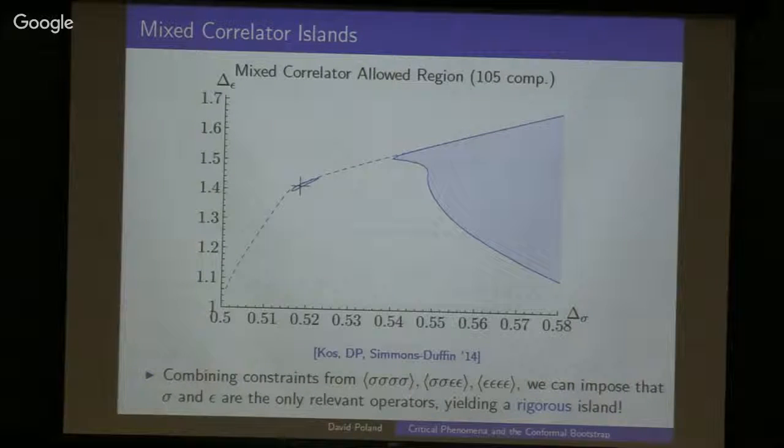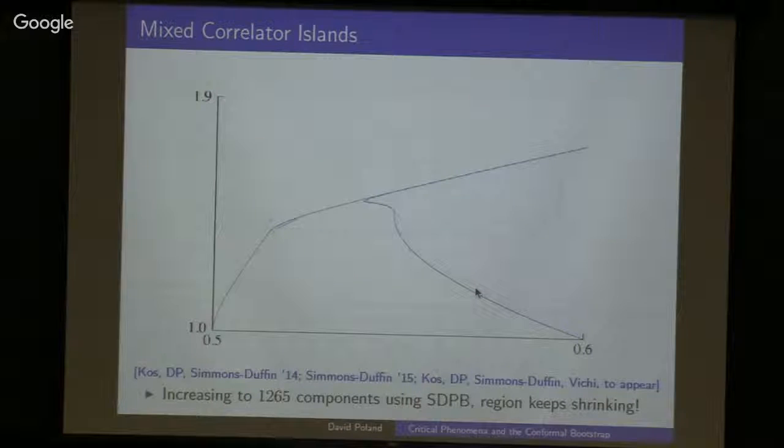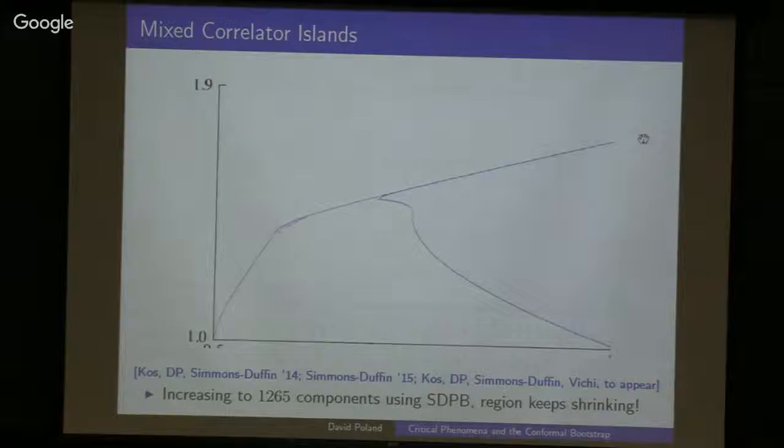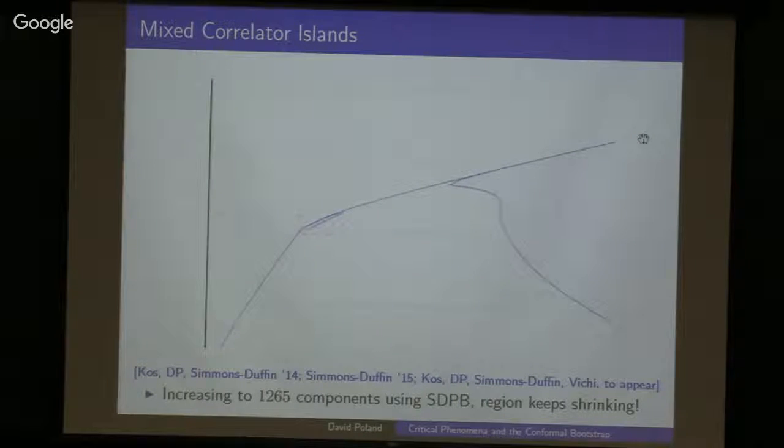So what I want to show you is actually a video of what happens when you increase the functional search space and start zooming in on the island. And here in this video, you're going to see us going from 100 components to 1,265 components. And the result is actually fairly dramatic.